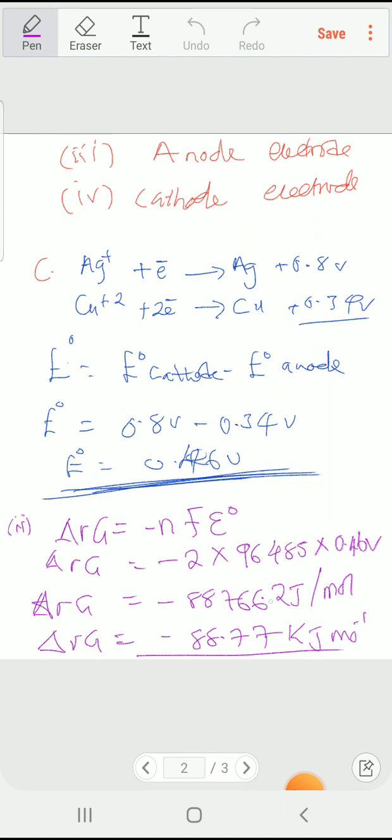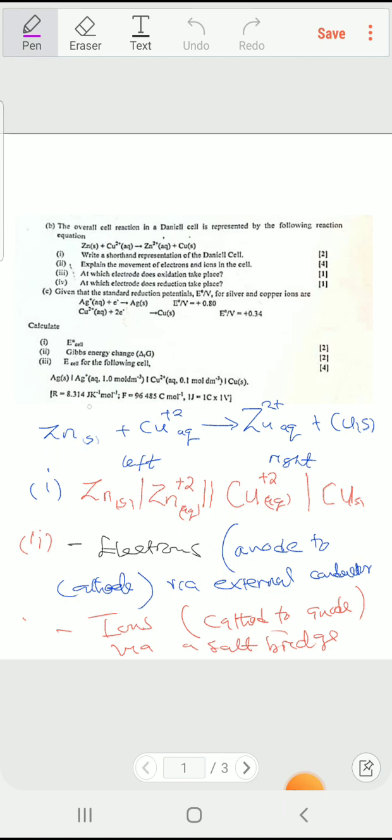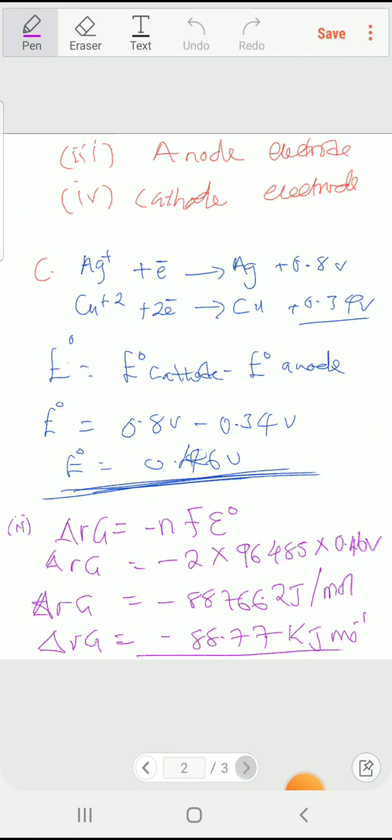So this is the same reaction that we are going to use here. What has changed is that we have been given this concentration, and the other one that we are going to use to find the quotient, which is Q.